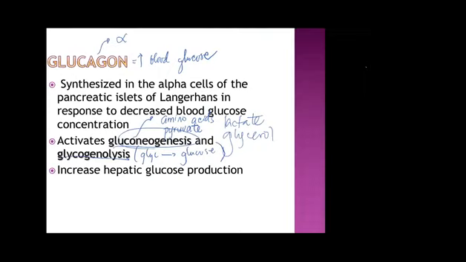Kaya important ang glucagon for glycogenolysis. So kung glycogenolysis ang ina-activate niya, anong enzyme ang ina-activate niya? Therefore, is it glycogen synthase o phosphorylase? What does it activate? Phosphorylase or synthase?